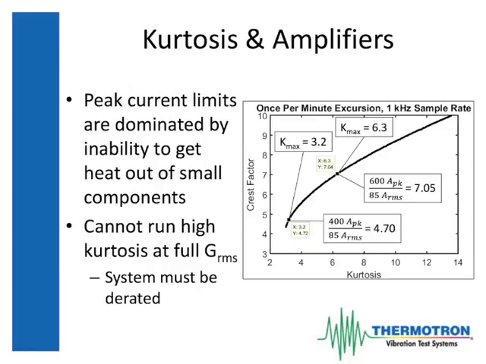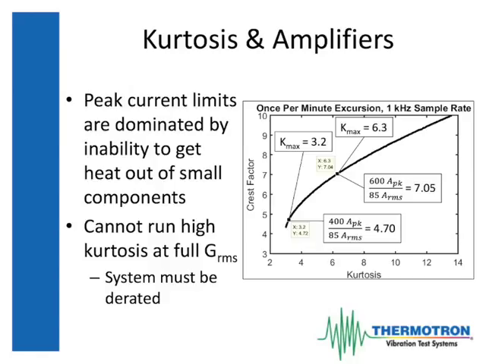You can see that with our 400 amp transistors, even running a Gaussian test, kurtosis of 3 flat out, we are getting near the current peaks of our transistors, and you run the real risk of causing damage. So if you run kurtosis higher than that, and you're trying to run flat out, you are going to damage the amplifier. Now, they make transistors that go as high as 600 that are available to us.